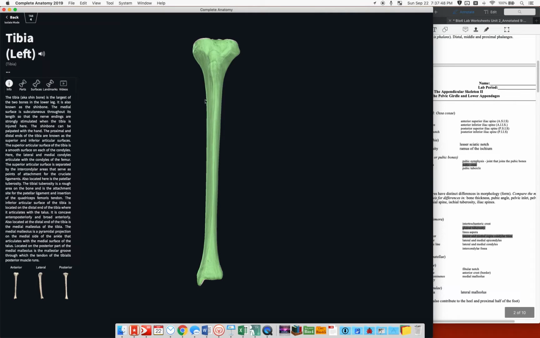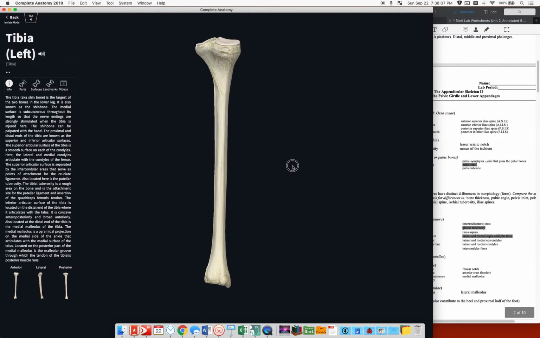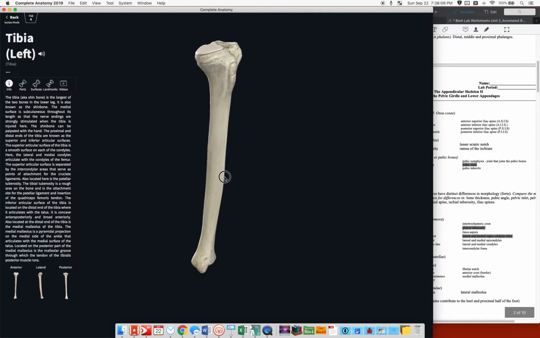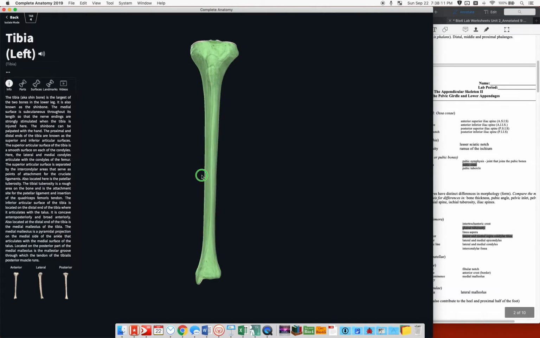The easiest way to tell on the tibia is the tibial tuberosity up here, or the anterior crest, the anterior border here. Either one will tell you this is the front view. Whichever side doesn't have it is the back view. So now you're able to tell this is the front view.